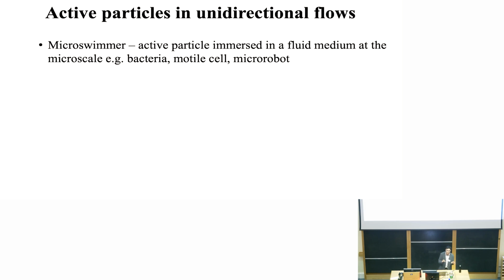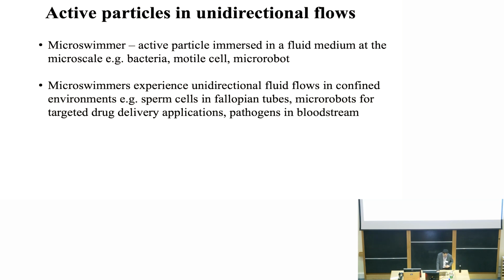You can have a living example or an artificial, synthetic system. A bacteria or other motile cells or even a microrobot immersed in a fluid medium would be considered a microswimmer.